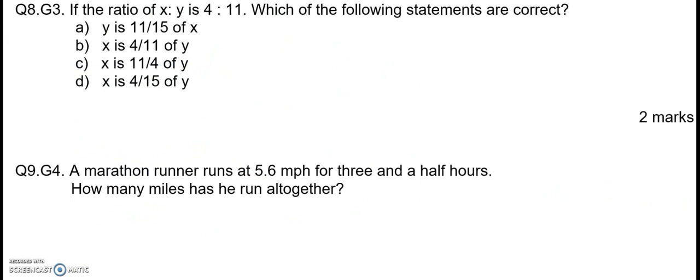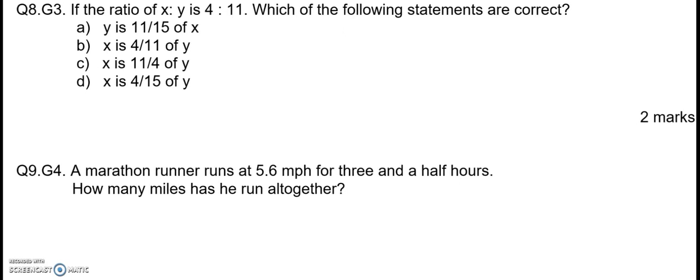In the next question we have, if the ratio of x to y is 4:11, which of the following statements are correct? So we have option A, B, C and D, but before I go into these and work out which one of them is true, I want us to just think about 4:11 first. So let's use this as an example. Let's say this represents the ratio of apples to pears, for example.